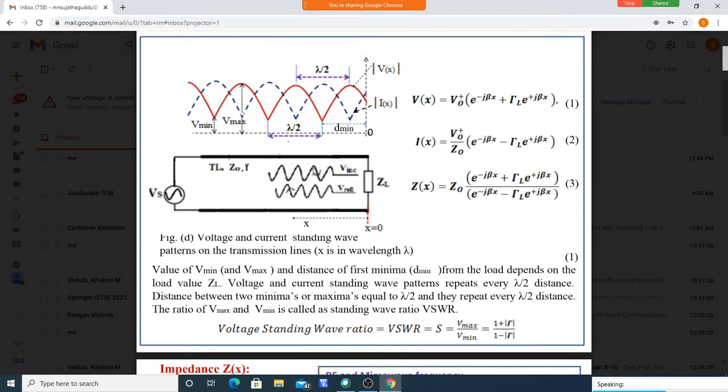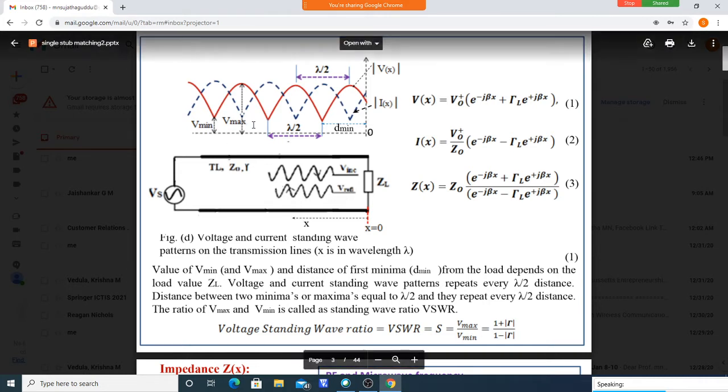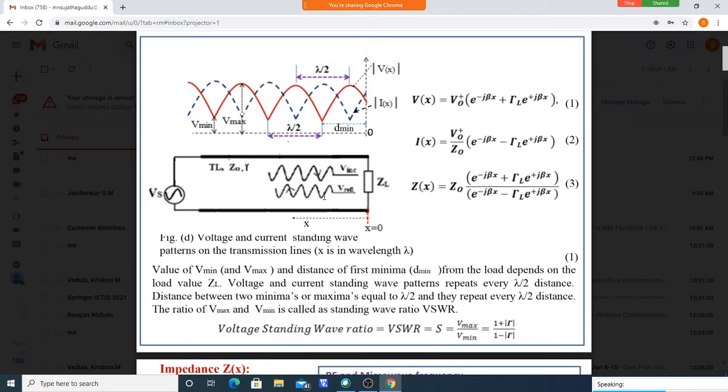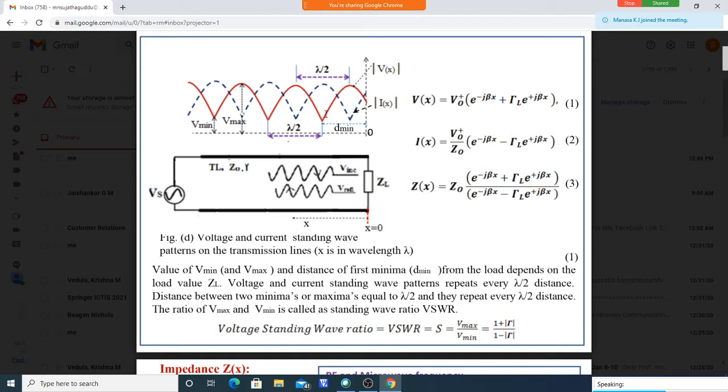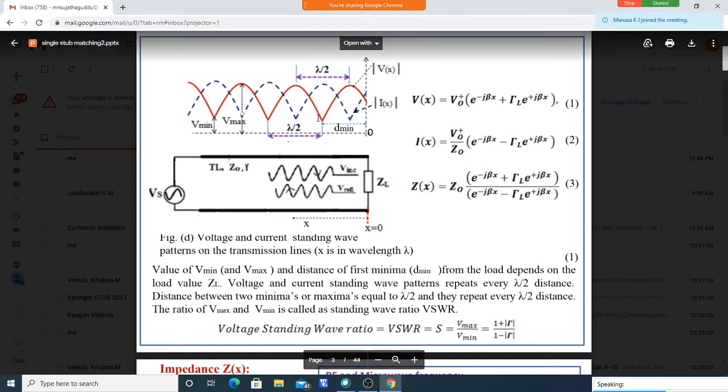It looks like the incident and reflected waves are moving with respect to time. As time elapses, the incident wave is moving towards the load, and the reflected wave is moving towards the source. But if I add these two waves, the addition looks like a standstill over the transmission line, with fixed positions of minima and maxima.